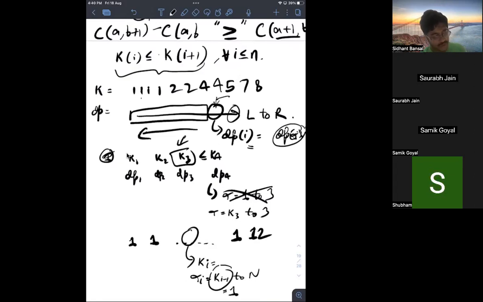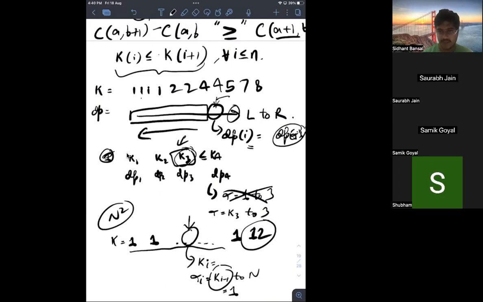I can intentionally make cases where your K value is very small originally and just jumps significantly towards the end. In those cases, you won't have any time savings because you'll still be looping over a very big search space each time. So you'll still run roughly n squared total complexity. So this idea of lower bounding myself with the previous K i that I know doesn't really help you in those extreme cases. So this approach doesn't work.